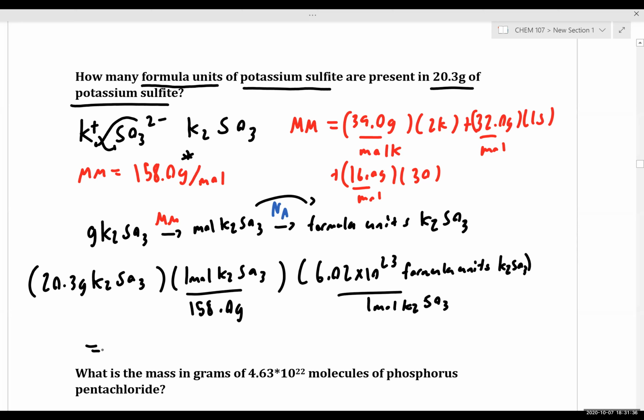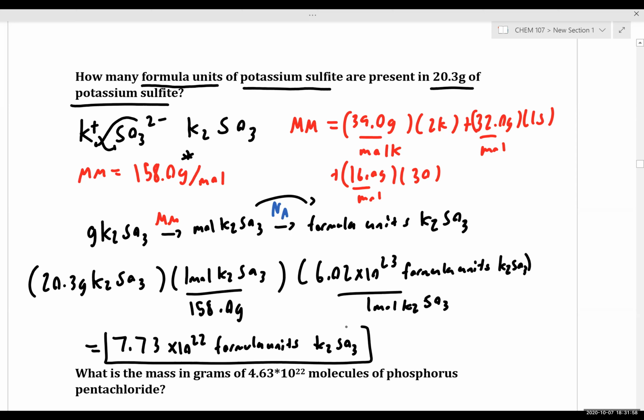That in turn gives us 7.73 times 10 to the 22nd formula units of potassium sulfite. Does that make sense to everyone?